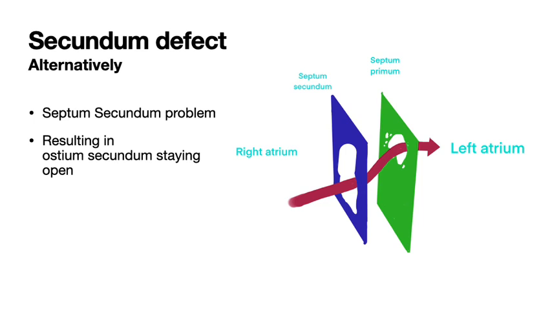So there is actually a problem in the formation of the septum secundum, and that problem resulted in a very big foramen ovale. Again, when you put those two septa together, it doesn't cover up the hole. So, yeah, those are our two choices. Either the hole on the right's too big or the hole on the left is too big. But either way, when they come together, they're not closed. That's how a secundum defect happens.